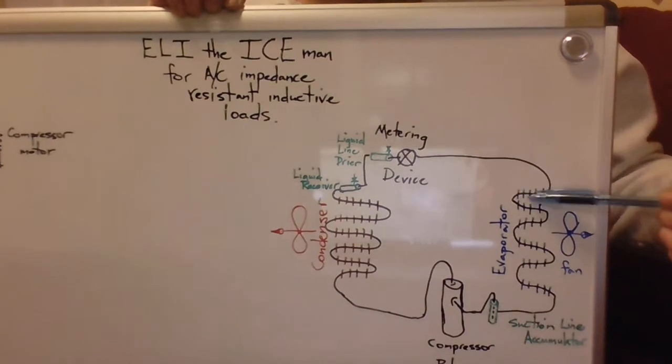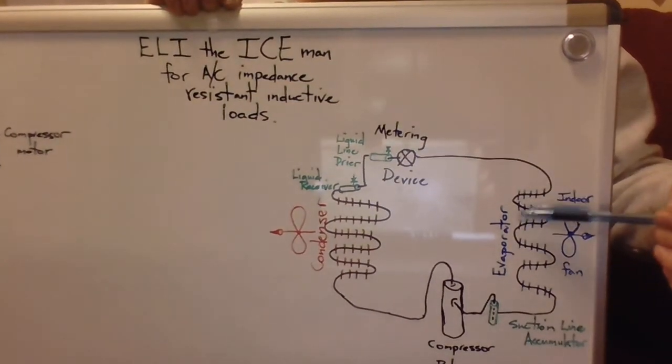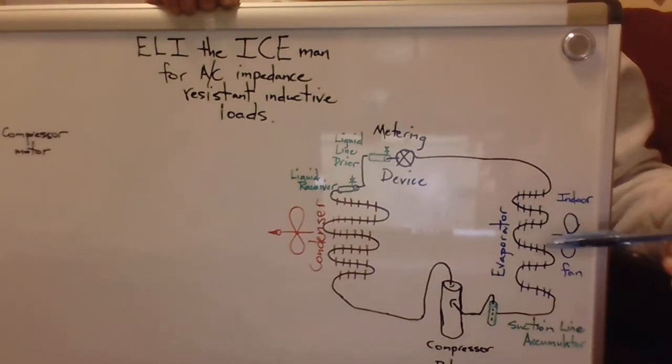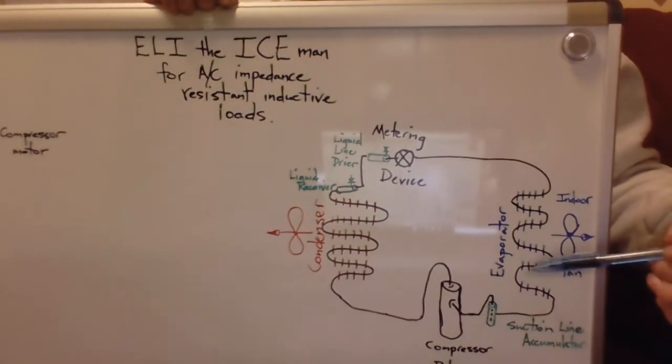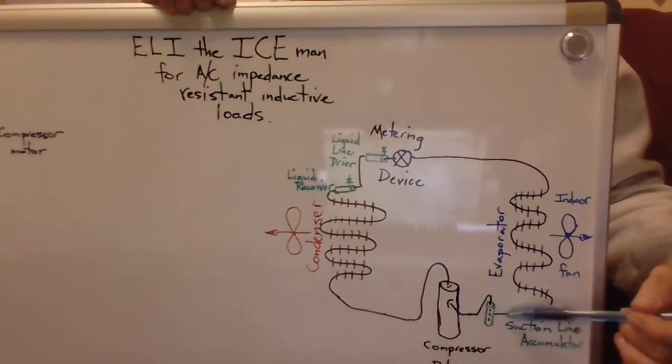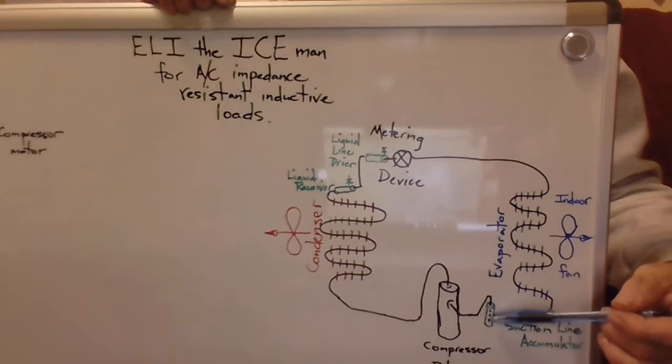I'm kind of reading this backwards, but anyway, in the evaporator, of course, you're picking up heat from the airflow going across the coils and bringing it back to the compressor, and hopefully not with too much liquid in there.